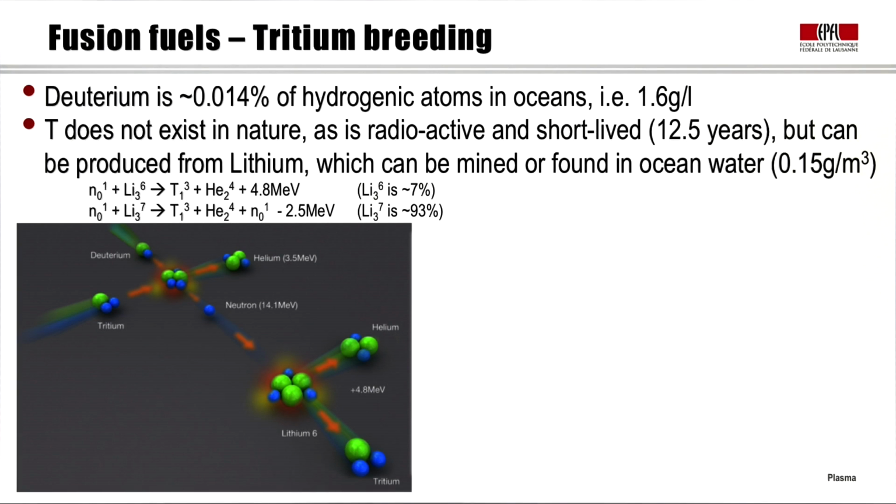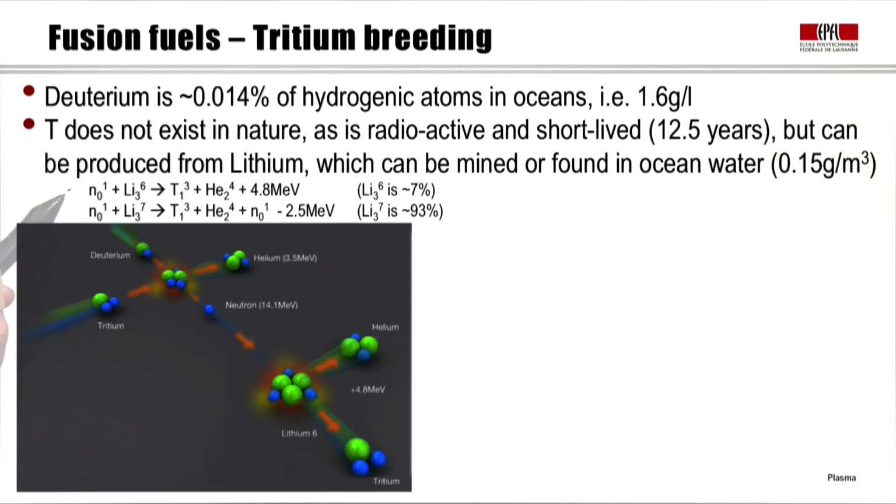Tritium, on the other hand, does not exist in nature because it's radioactive and short-lived. Its life is about 12.5 years. However, it can be produced from lithium in a process that we call breeding. And lithium, in turn, can be mined or found in the ocean water in the amount that's about 0.15 grams per cubic meter. How is tritium produced from lithium? There are two possible reactions.